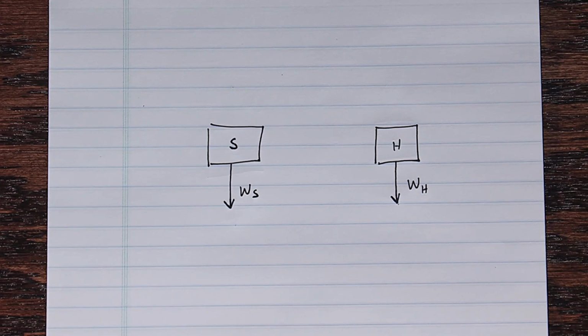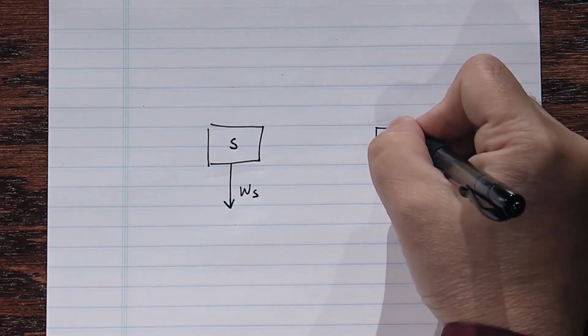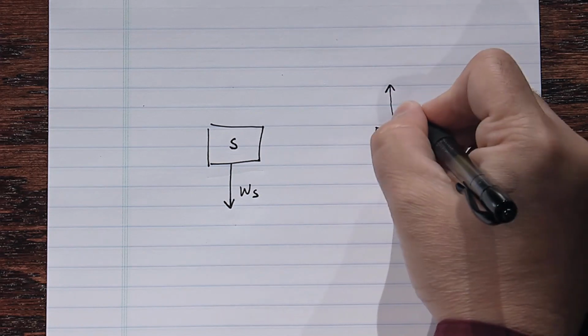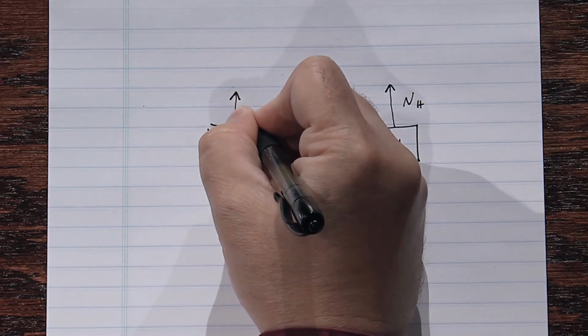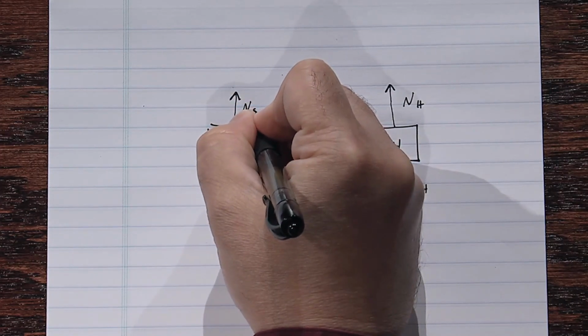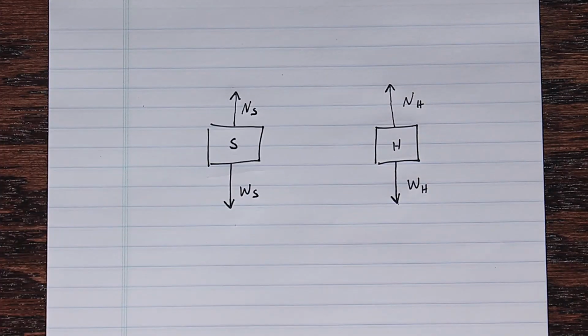We also know that the ground is pushing up on the horse and the sleigh, so we have to draw in the normal force on the horse and the normal force on the sleigh. Okay, those are all of our forces in the vertical direction, weight down, normal force up.